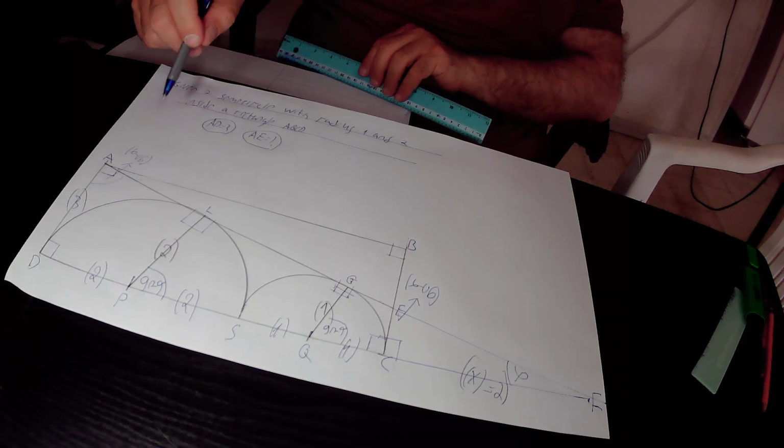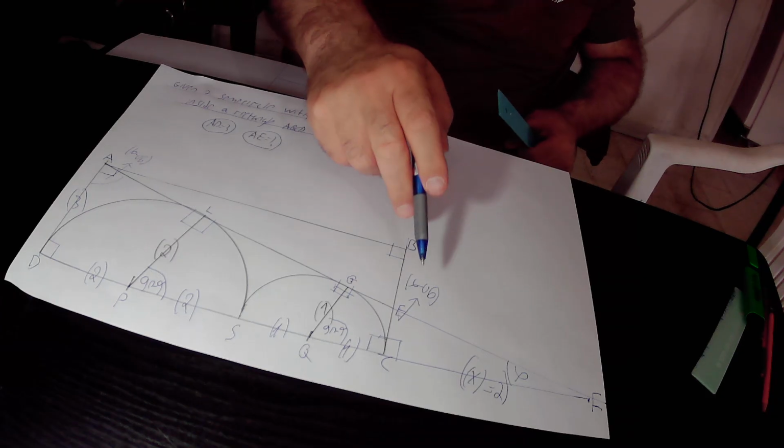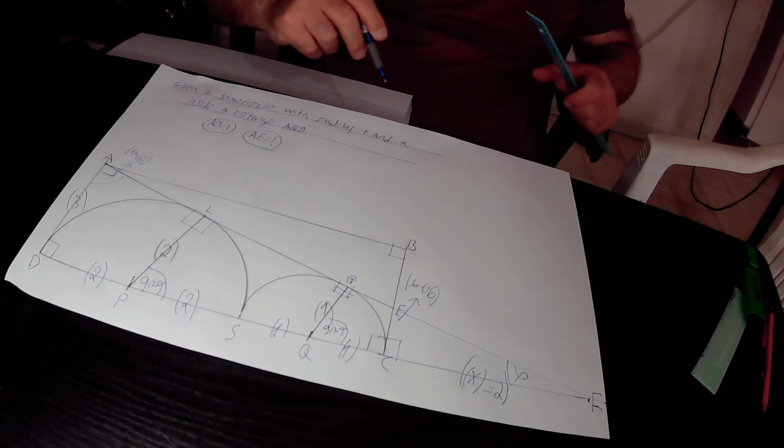So why is the big right triangle ADF similar to the small right triangle here?